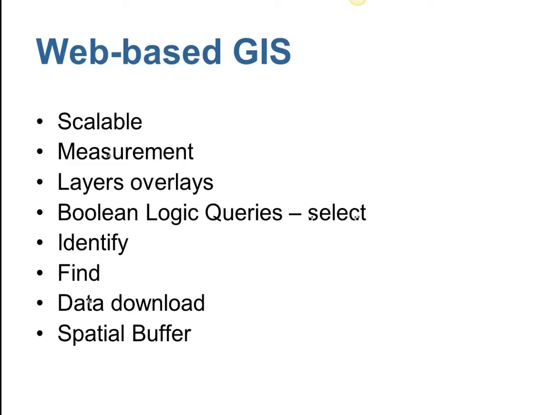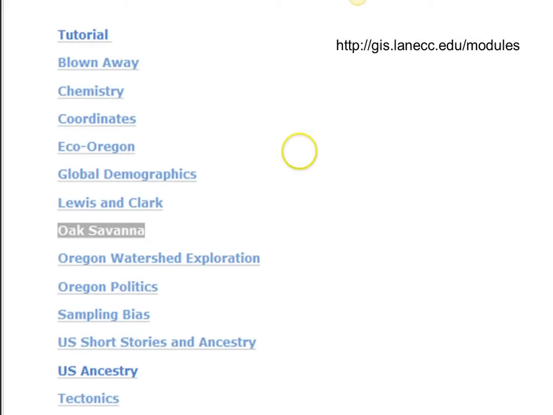You can use the identify, you can download your data into an Excel spreadsheet, and you can create spatial buffers. So you'll do all of that when you work through the tutorial. Here's a list of some of the lessons that were developed by high school and middle school teachers in Oregon and other states in the country.